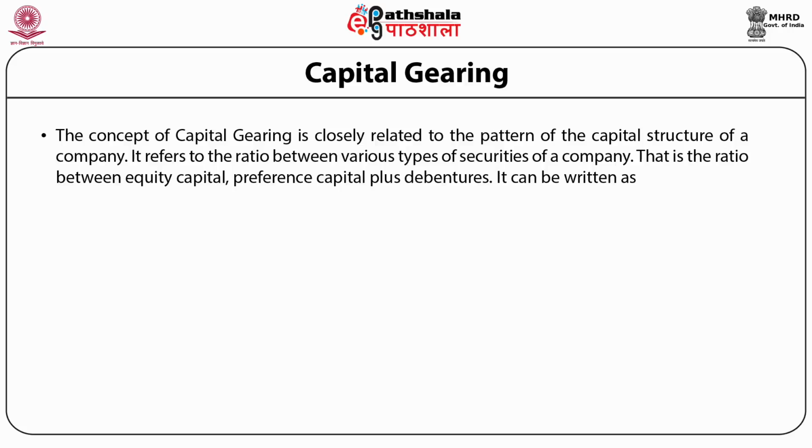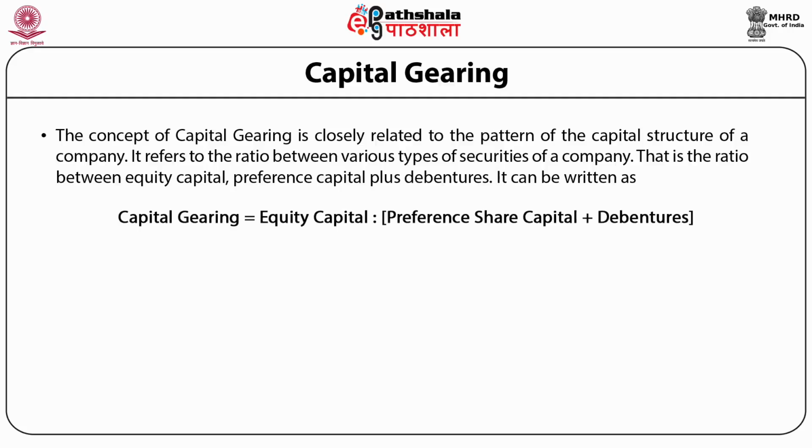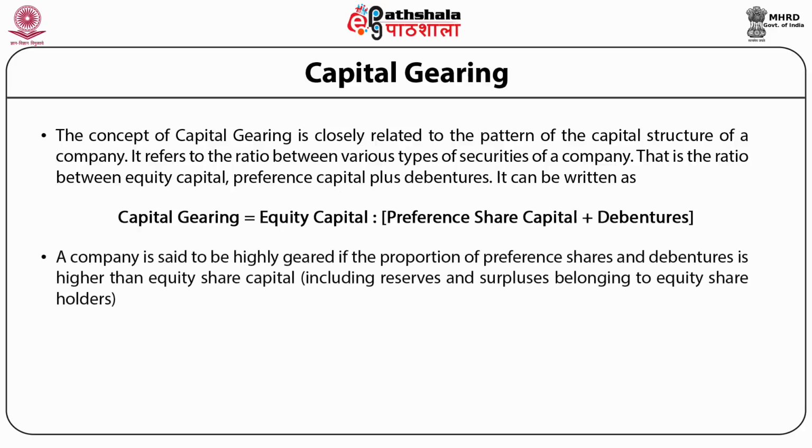It can be written as capital gearing is equal to equity capital to the summation of preference share capital plus debentures. A company is said to be highly geared if the proportion of preference shares and debentures is higher than equity share capital, including reserves and surpluses belonging to equity shareholders.